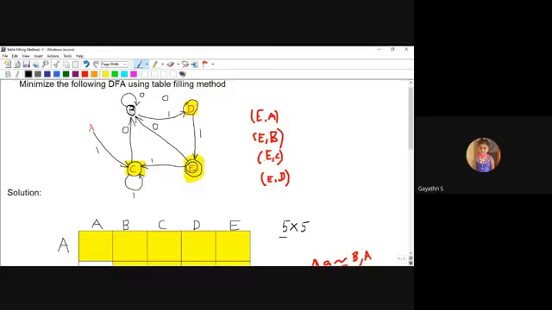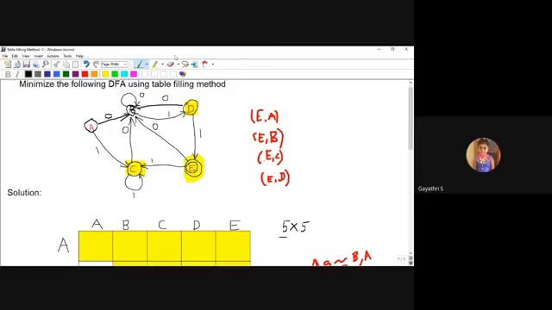Actually, this is B and this is A, and this is the diagram. This is 0, this is also 0, then this is 1.